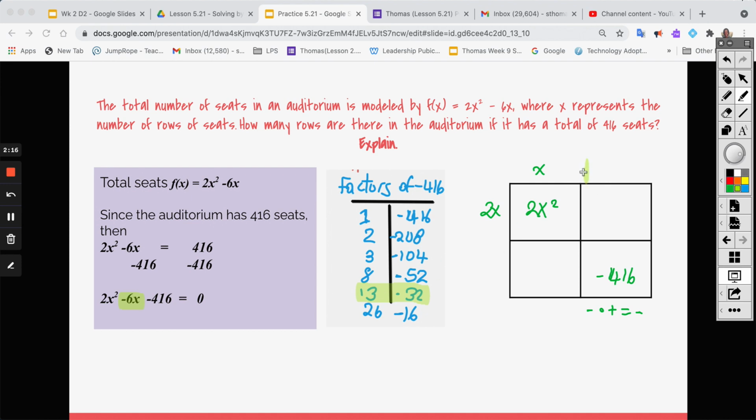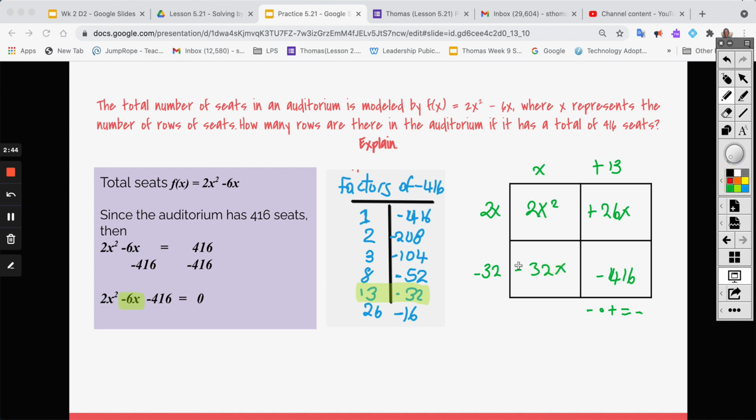So if I put my plus 13 here, 2 times 13 is a positive 26x, which means that my negative 32 goes here, which would give me a negative 32x.